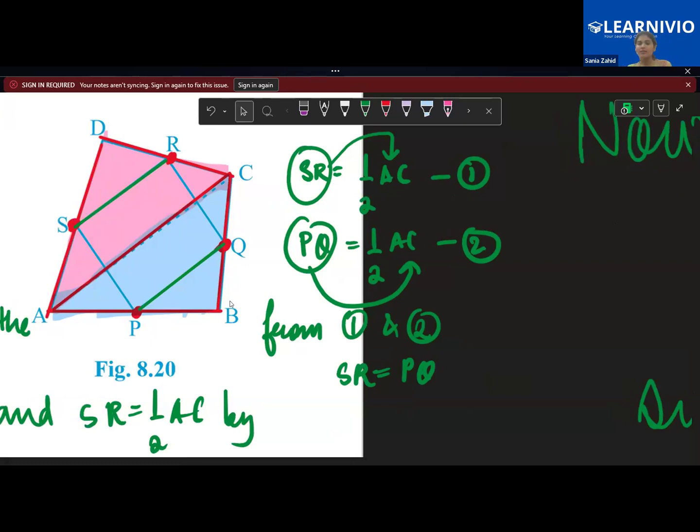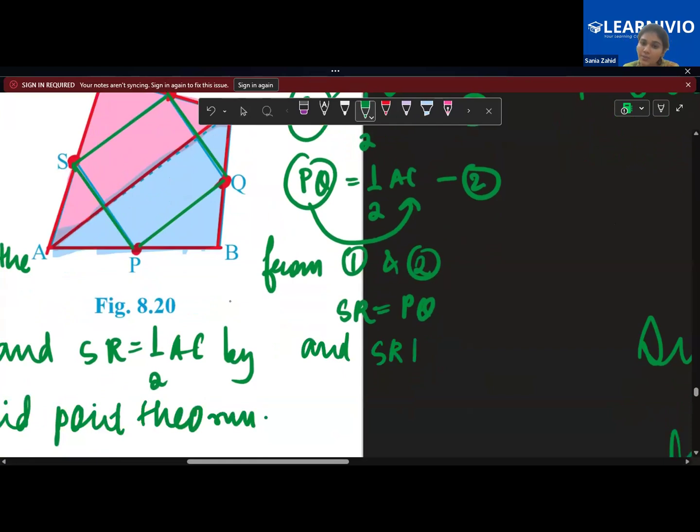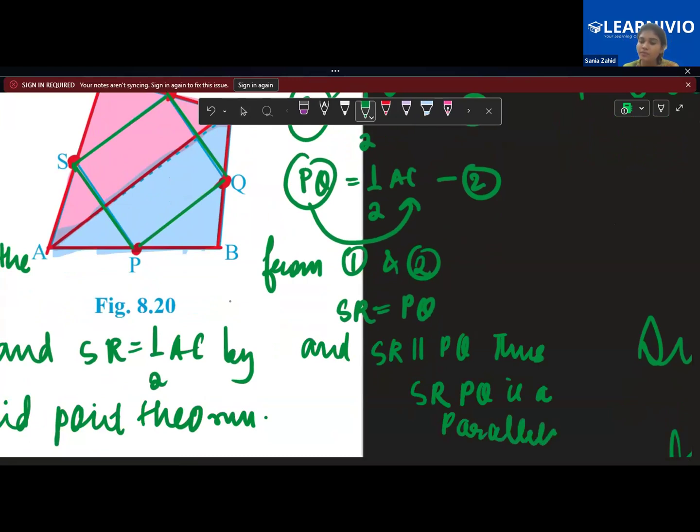So in this quadrilateral, you have SR equal to PQ and SR parallel to PQ, thus you can say SRPQ is a parallelogram. Understood? Third point.